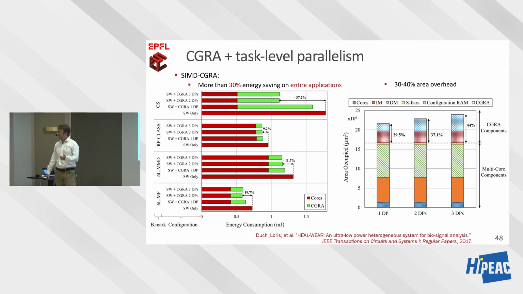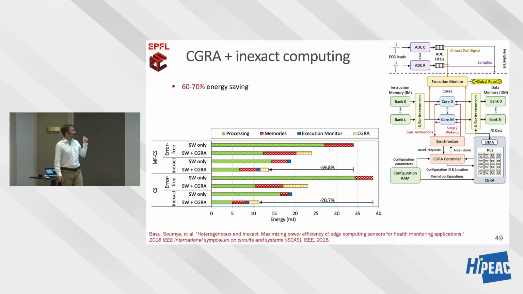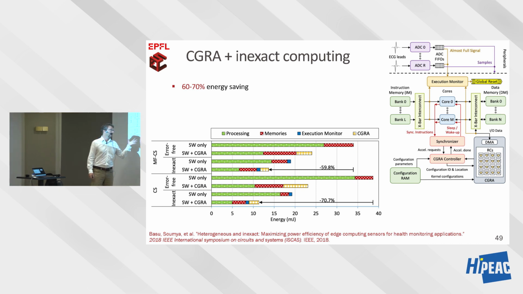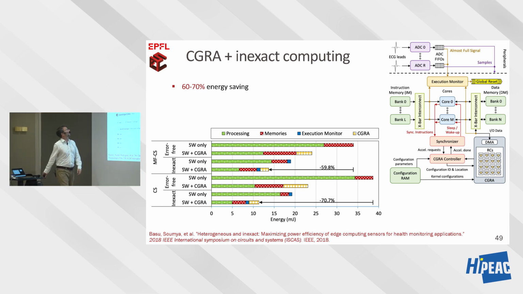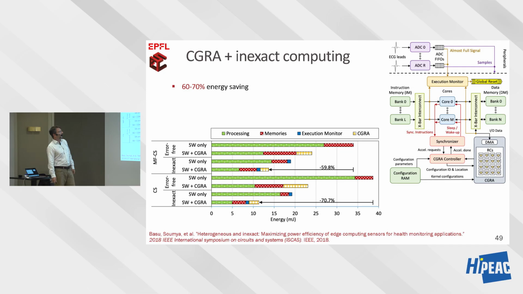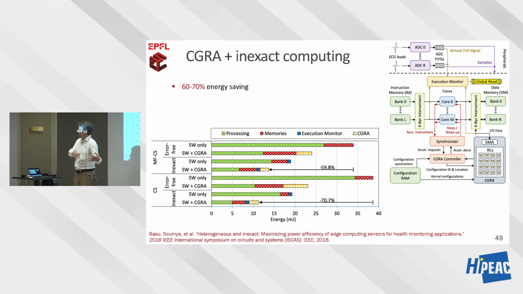Now, we have the CGRA, we have the multi-core processor, we have a strategy to do inexact computing, and now we can just mix and match. For example, we may have a multi-core with a CGRA plus inexact computing, and here the gains compound, or we may have the CGRA specialized with some custom instructions, and so on and so forth.